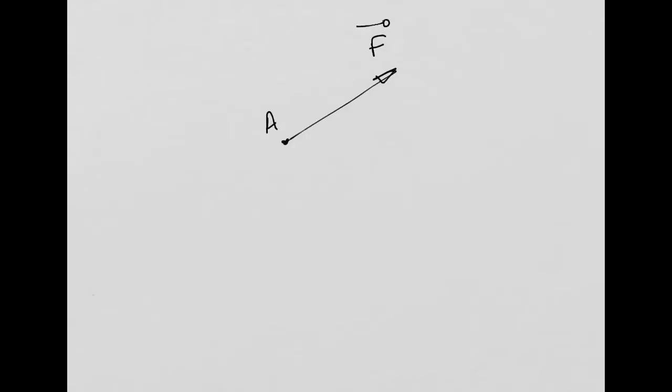All right? And imagine that you have now a force which I'm going to say is equal to minus F applied at a different point B. So these two forces, F and minus F, have the same intensity, same norm, the length of these vectors is the same, but they are opposite, right?